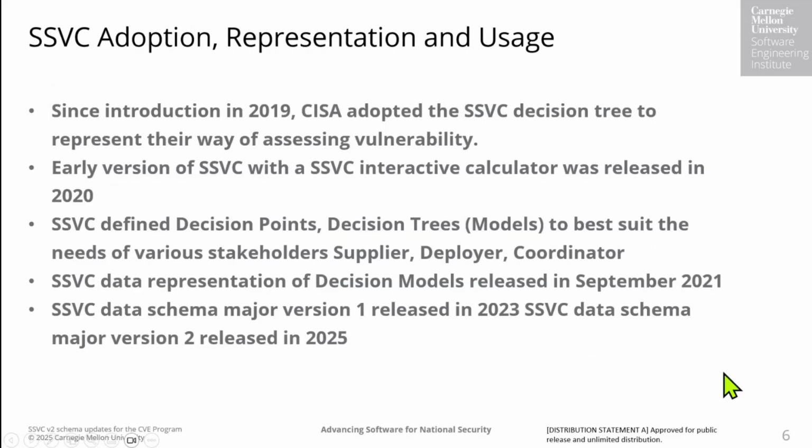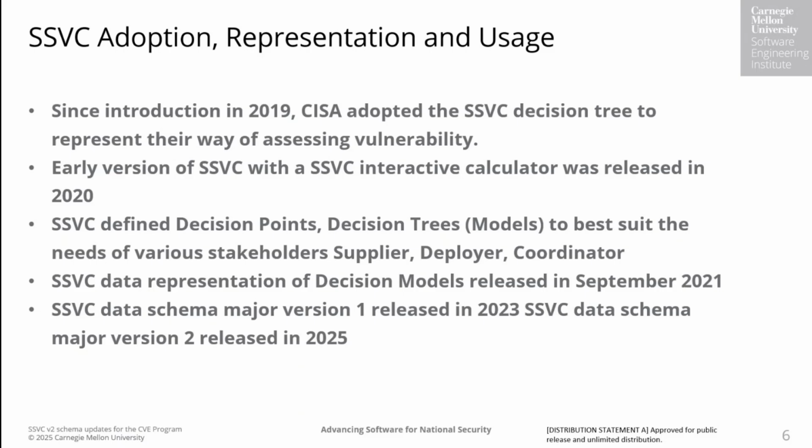Since the introduction of SSVC in 2019, the biggest adopter has been CISA. As you might have seen, CISA adopted a specific version of their decision tree as to how they coordinate and assess a vulnerability. How do they make recommendations to the US government and to the public about SSVC? That decision tree is something you can find at cisa.gov/SSVC.